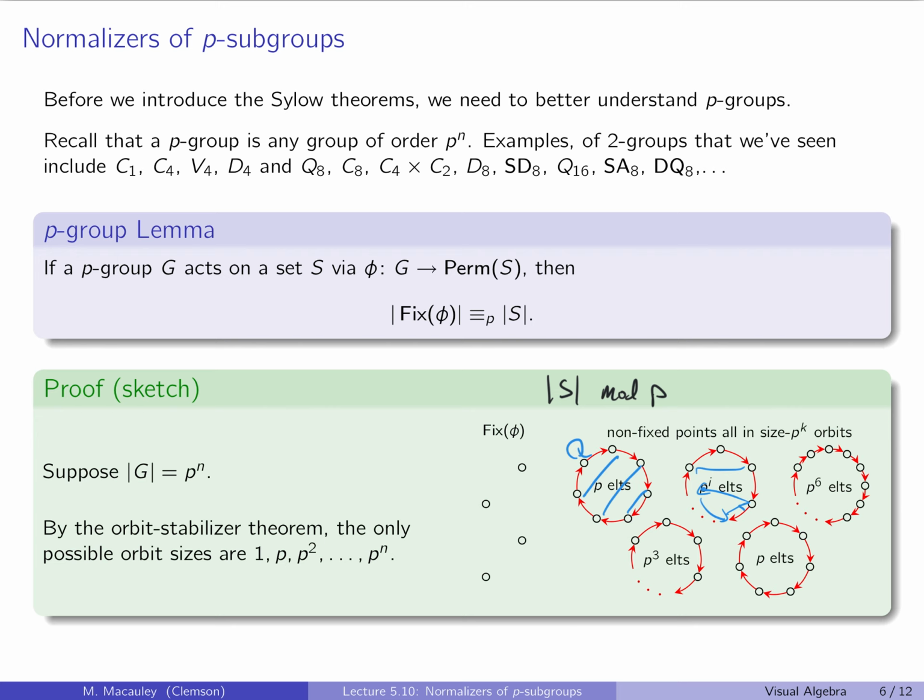Well, all of these orbits contribute 0 because their size is a multiple of p. So all that's left is just the fixed points. And that's the proof. So if we add up these mod p, we get 0 plus 0 plus 0 plus 0 plus 0 plus however many fixed points. And that's what the lemma says.